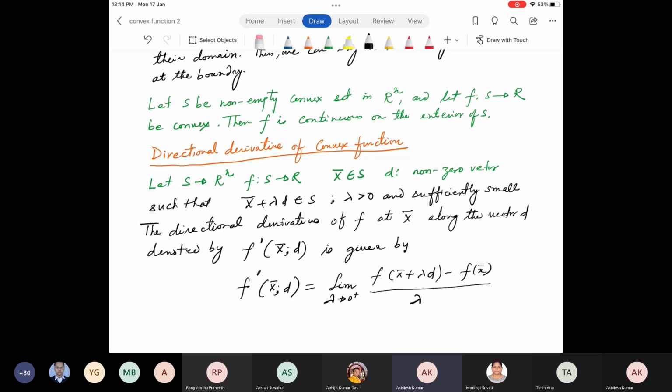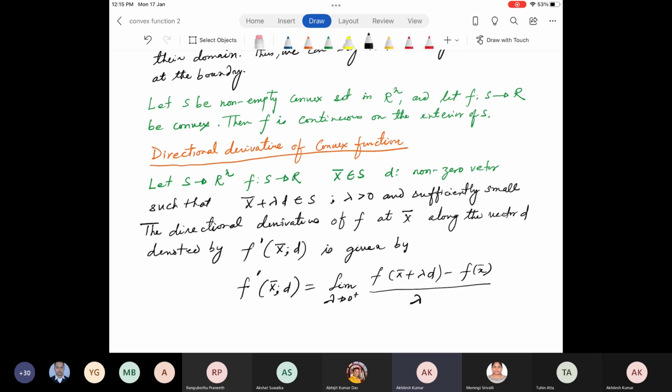So what it is saying is, suppose there is a set in n dimensions and a function defined over the domain S. Suppose I take a point x bar that belongs to S and a non-zero vector d such that x bar plus lambda d belongs to the set, for lambda greater than 0 and sufficiently small. What we are really referring to is a first order condition.